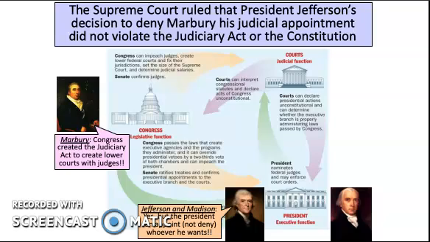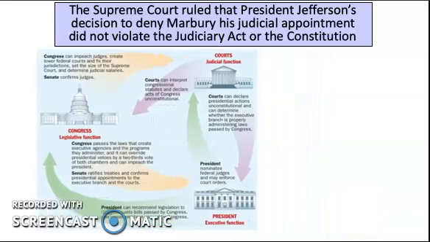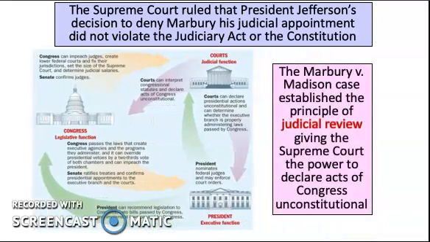So essentially, Marbury doesn't get his appointment. But what they are able to establish, most importantly, is that the Marbury v. Madison case establishes a principle that's called judicial review. And what this does is it gives the Supreme Court the power to declare acts of Congress unconstitutional. And this becomes incredibly important.